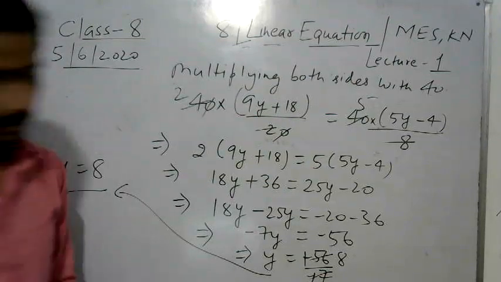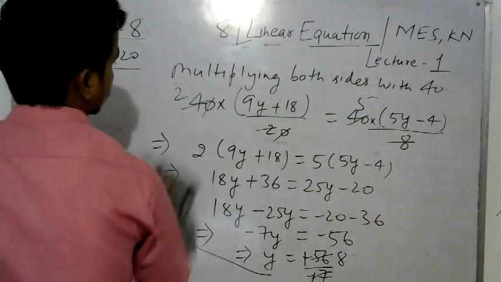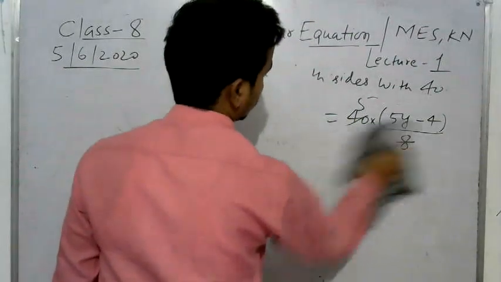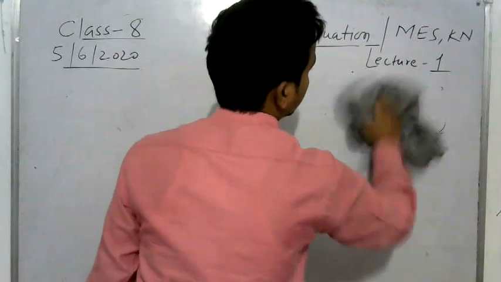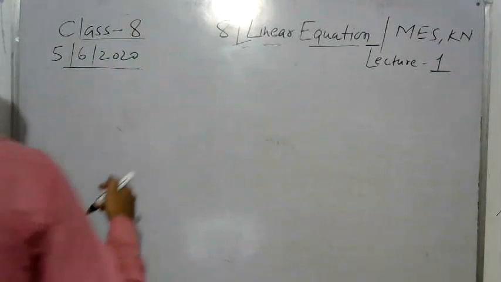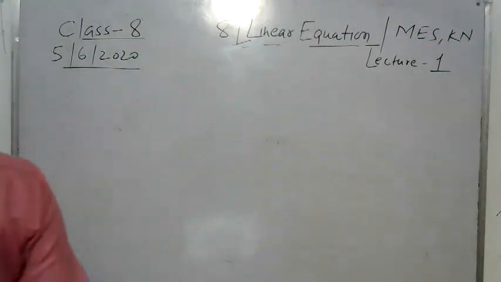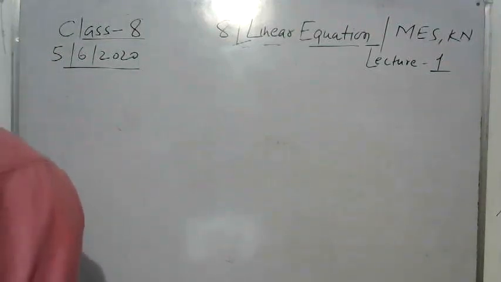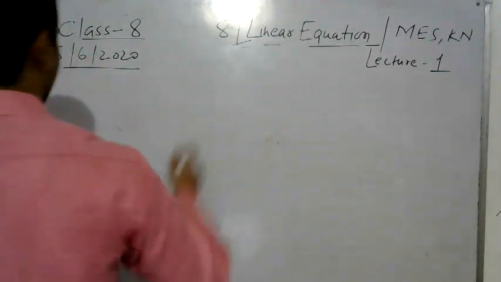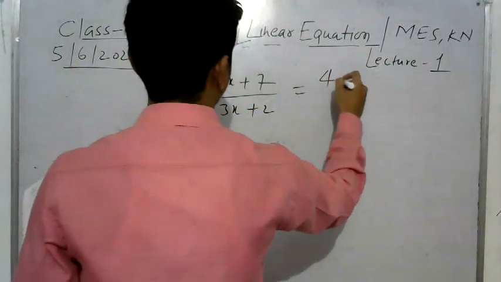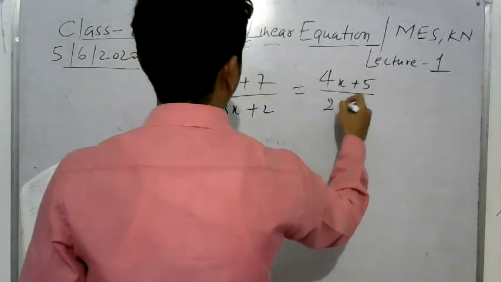Okay. Now let's solve another type of problem. 6x plus 7 divided by 3x plus 2 equals 4x plus 5 divided by 2x plus 3.